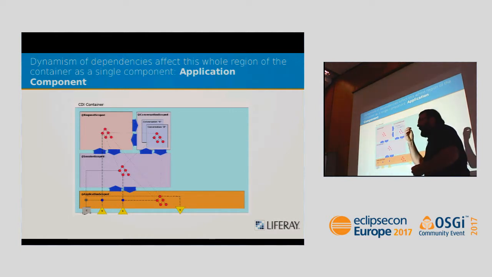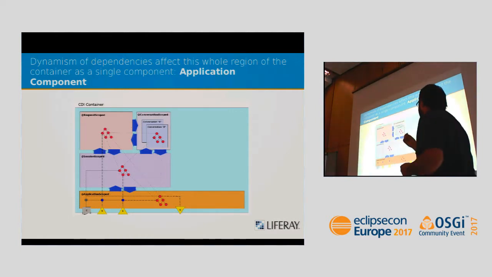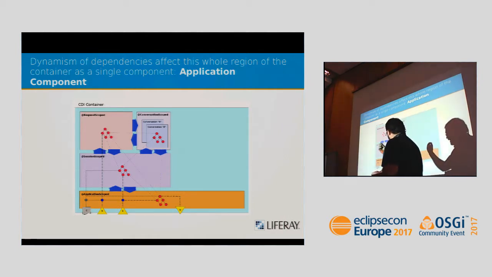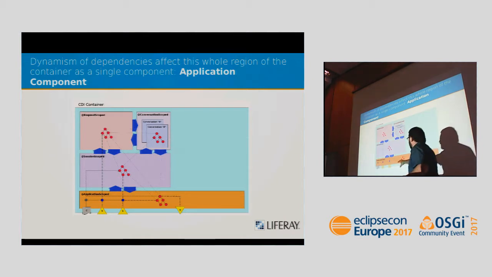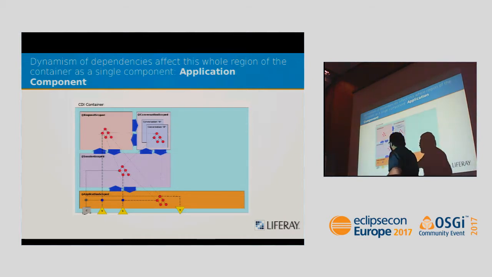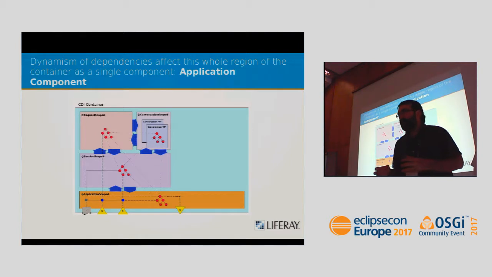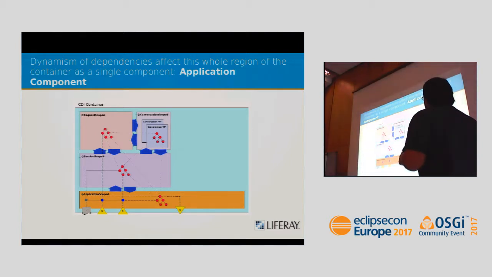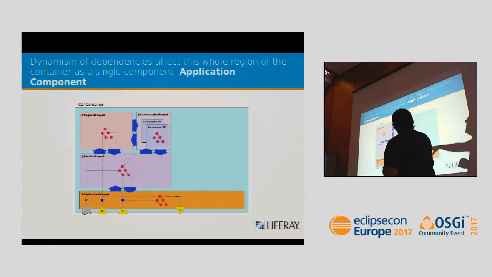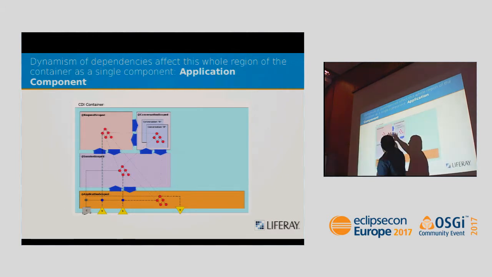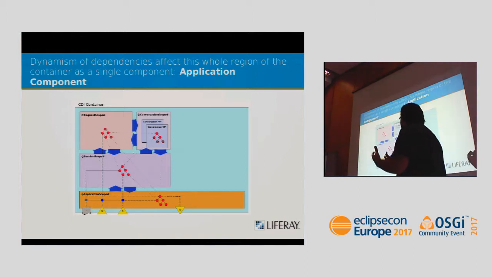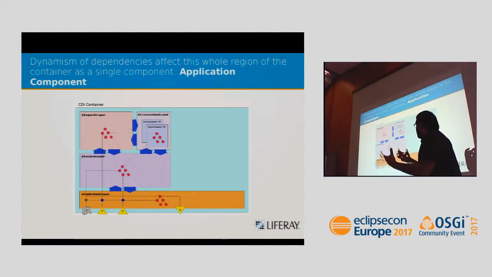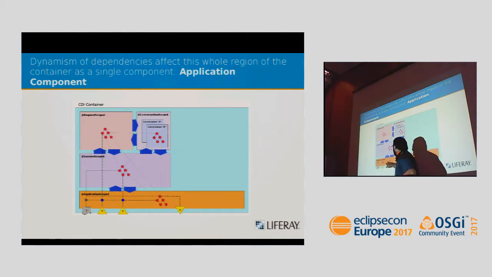But now we've reached a crux of a problem, or not necessarily, we have to observe some kind of reality here. All of these requirements are dynamic, and they will affect the entire region of the container that you see whenever they are modified, based on the definitions of these synthetic beans.